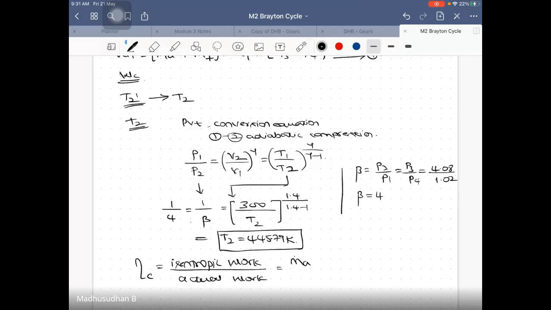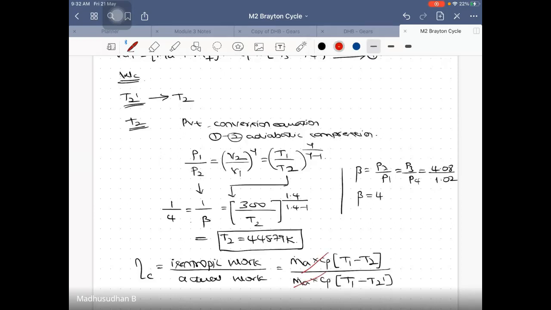It is mass flow rate of air into Cp into T1 minus T2, isentropic meaning there is no dash, divided by the same thing, mass flow rate of air into Cp, for the actual, T1 minus T2 dash. So these two will go away.